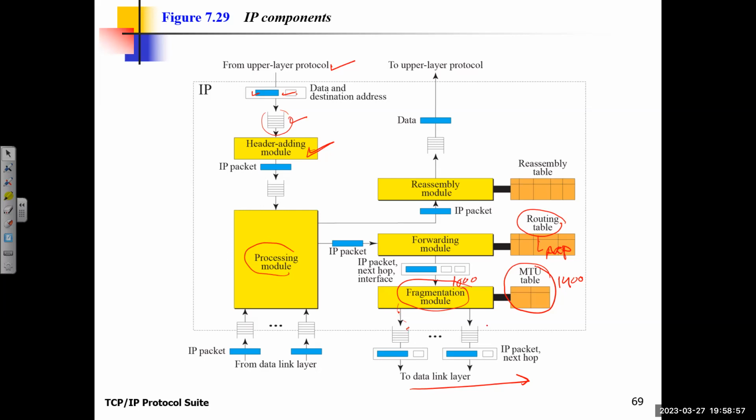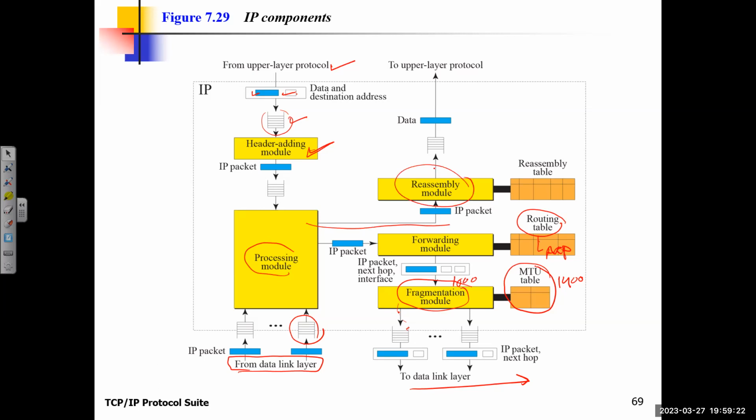Now I'm the destination. I receive my data from the physical layer to the data link layer, then from the data link layer going to the IP layer. I'm receiving the packet from the data link layer, right? It goes to the queue, then the processing module, then you go to the reassembly module.